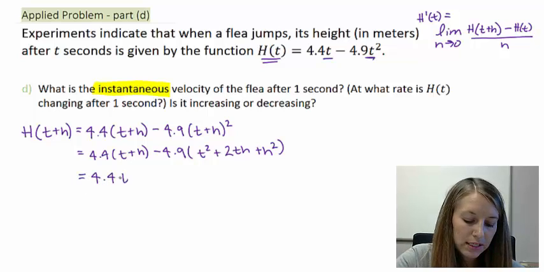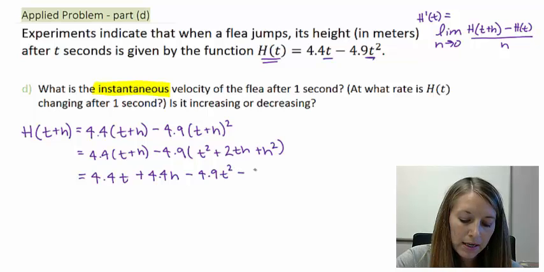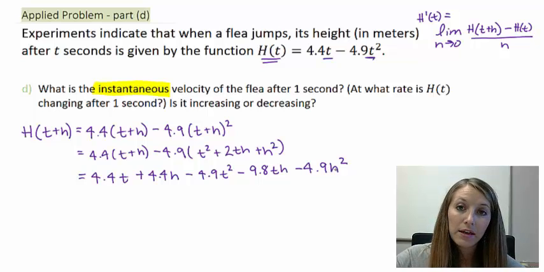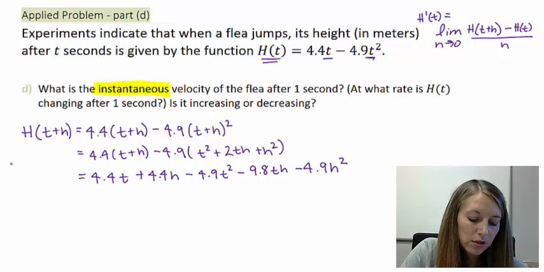So 4.4t plus 4.4h minus 4.9t squared minus 9.8th minus 4.9h squared. Whew! Okay, now we want to substitute that into the fraction, the difference quotient.